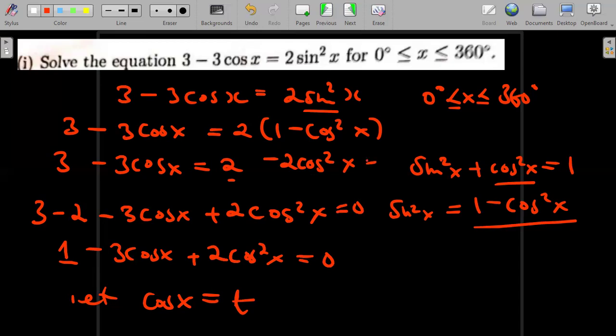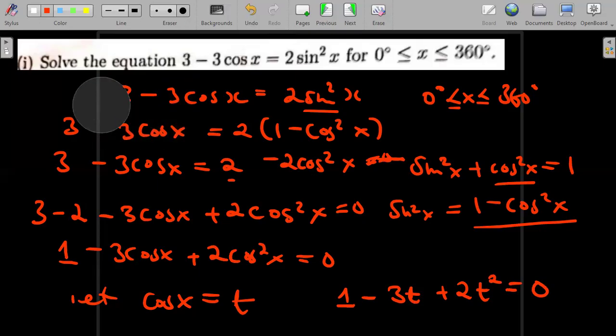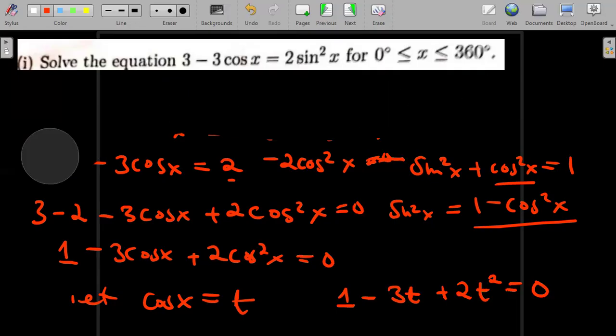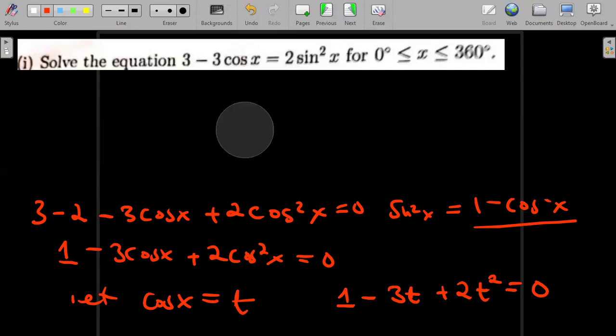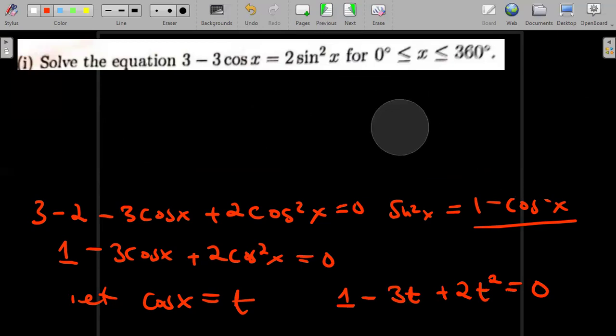Then when I let cos x be equal to t, I'll have 1 minus 3, where there's cos x, I replace t. Then plus 2, where there's cos x, I replace t, and I have 2t squared equal to 0. So I can solve that equation.